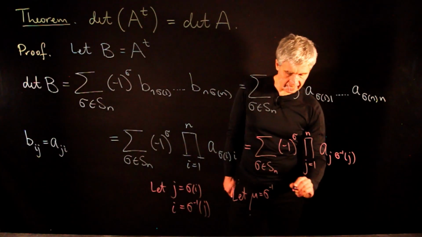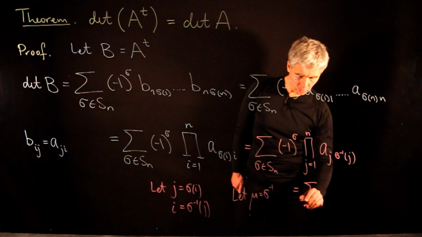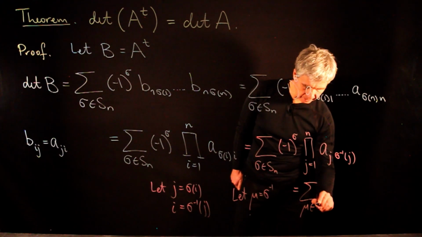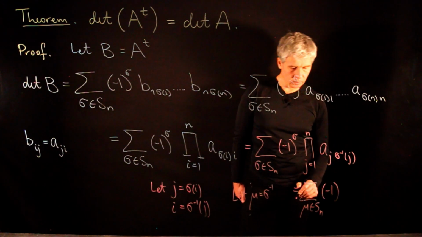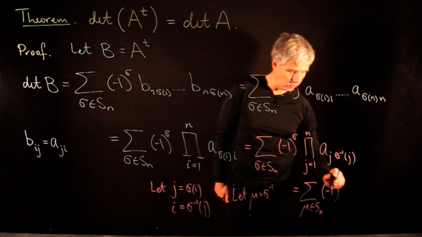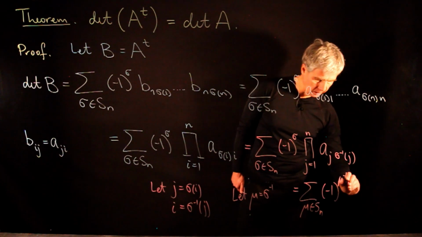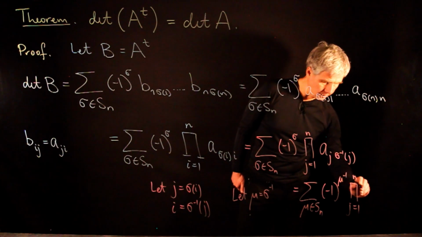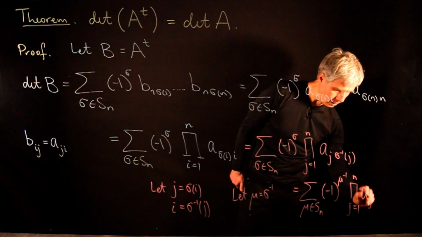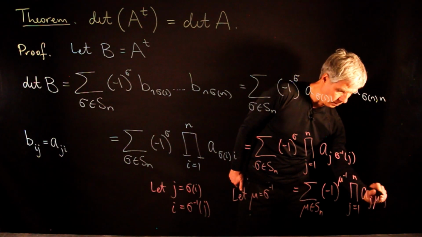And so we get the sum over mu in S_n of (-1) to the power of sigma, which is now mu inverse, and the product over j from 1 to n of a_j mu of j.